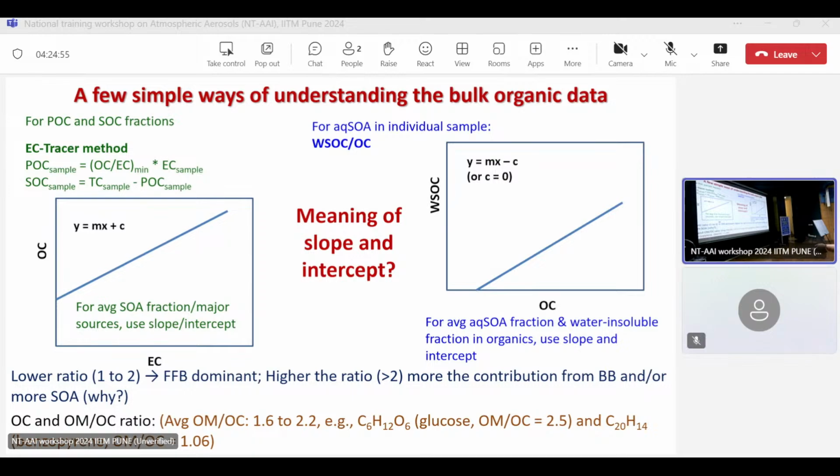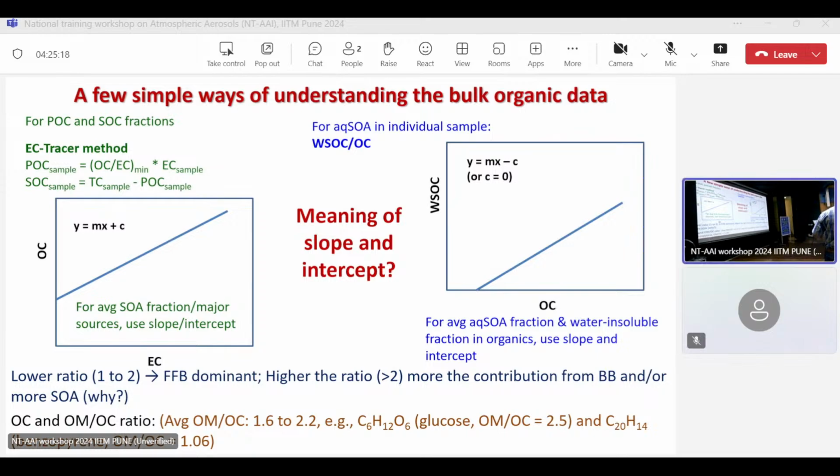Another important thing is OC and OM. OC means organic carbon. OM means organic matter. The difference is on those carbons. Say glucose. If we measure glucose and measure carbon, it is also C6. We are not worrying about the hydrogen and oxygen for OC.